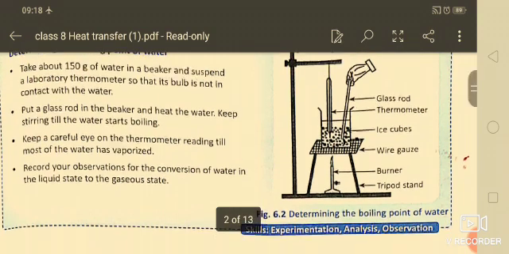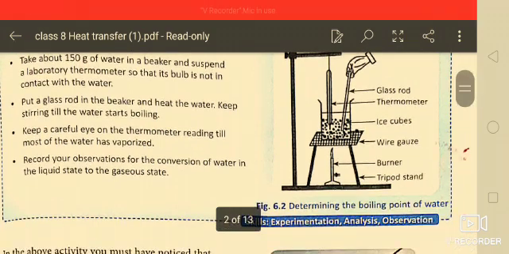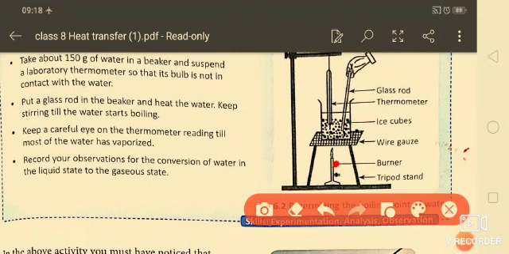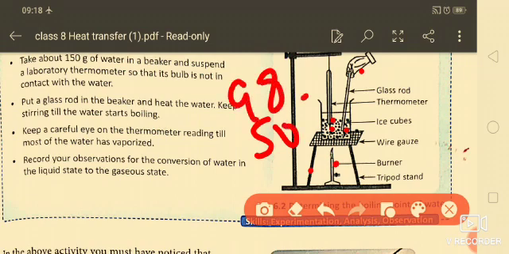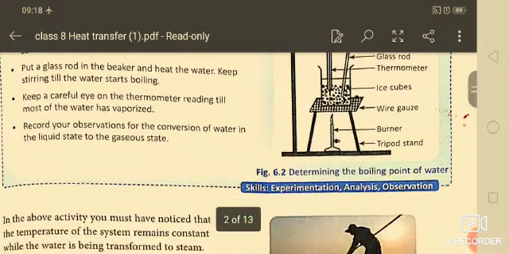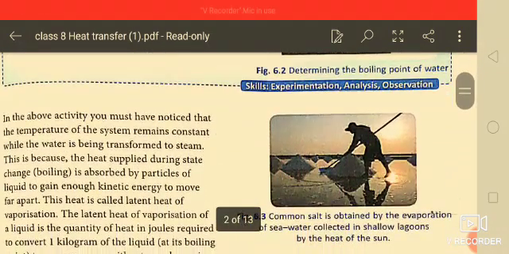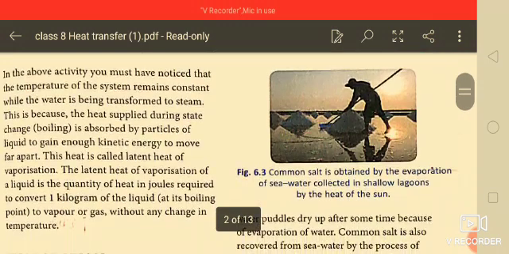When you heat it, you will find that at 50 degrees centigrade it doesn't start to boil, at 98 it doesn't start, but when it reaches 100 degrees centigrade, it starts to convert into the form of vapor. Okay. So you will come to the conclusion that its boiling point is 100 degrees centigrade.